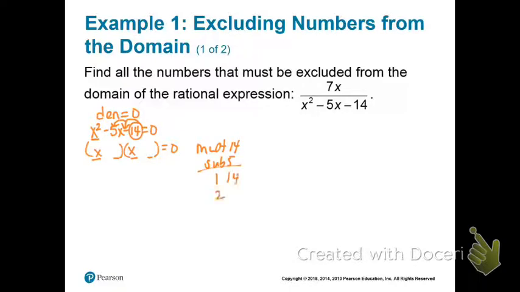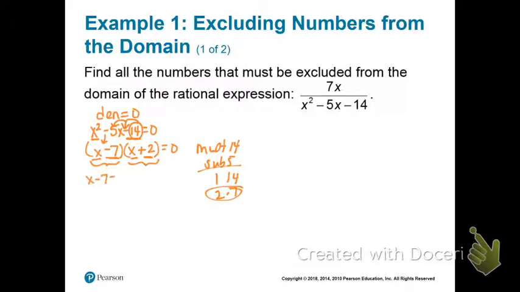Well, here's my numbers that multiply to 14, and 7 minus 2 is 5. Bigger number first. Bring down that first sign. And a negative 7 times what kind of 2 would give me a negative 14? A positive 2. So I can't factor any further. So now I'm going to set each one of these individually equal to 0 and solve.